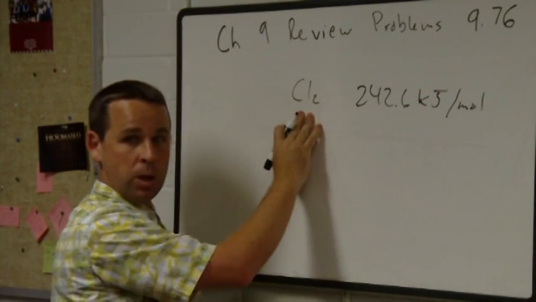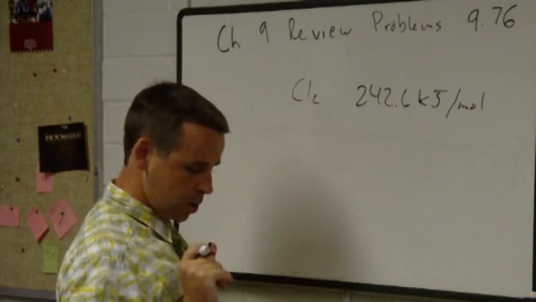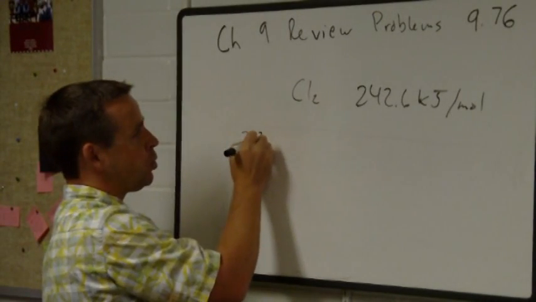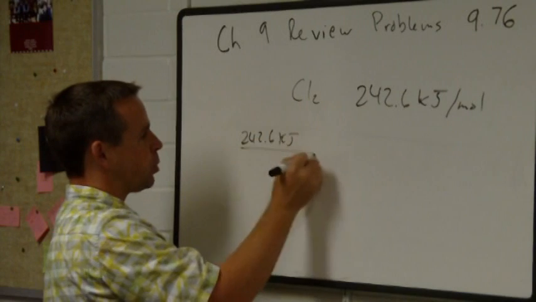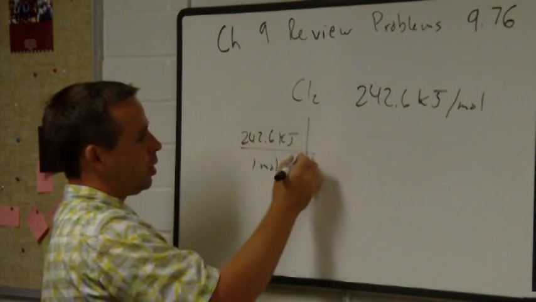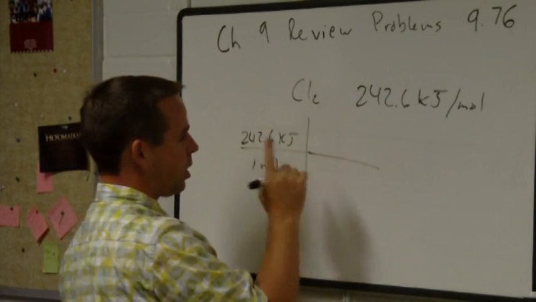That's per mole of that bond, right? And we're asking just one bond. So it's 242.6 kilojoules to break one mole of bonds. And how much is it to break just one bond?